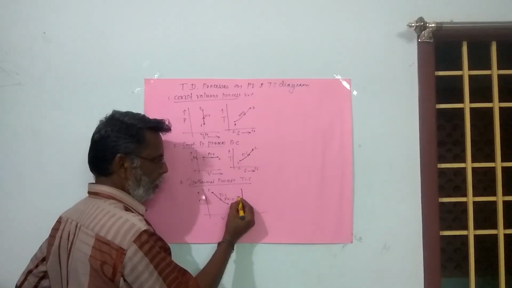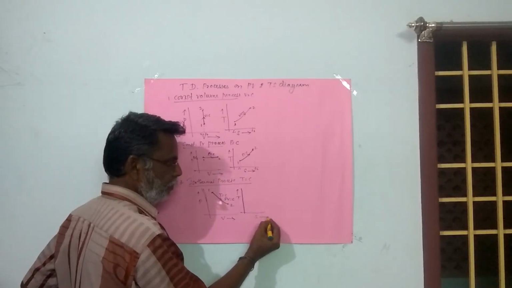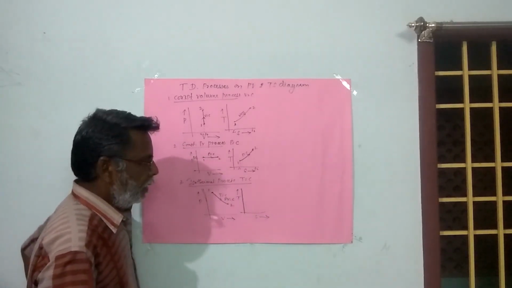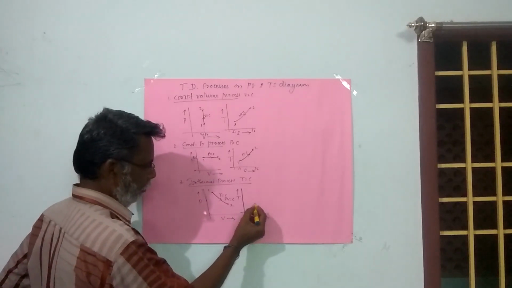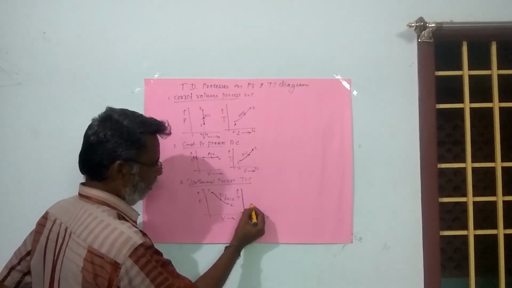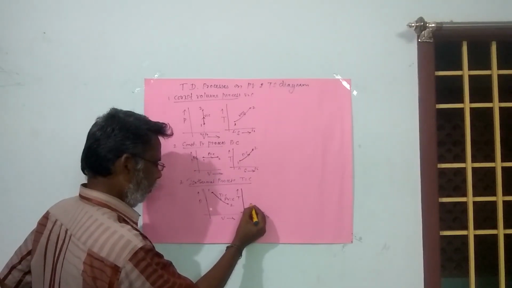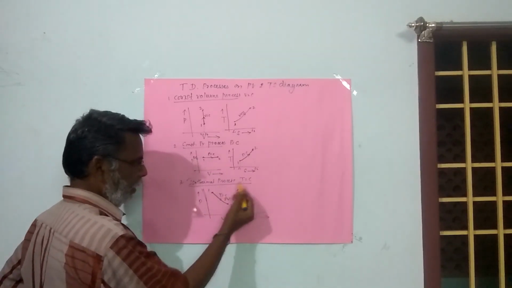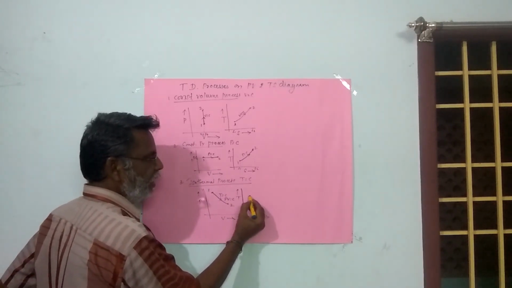The representation of this process on a TS diagram is like this. Since temperature remains constant, we get a horizontal straight line.